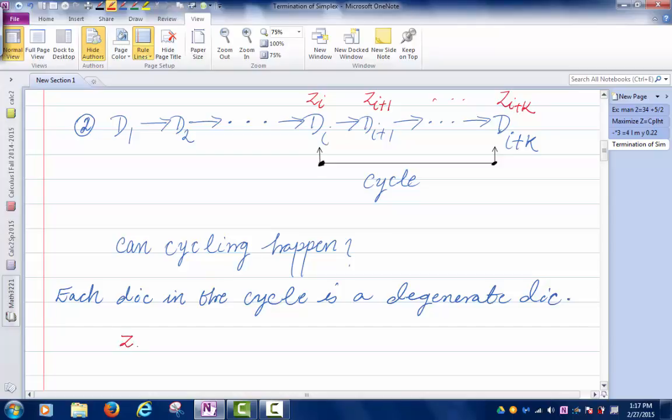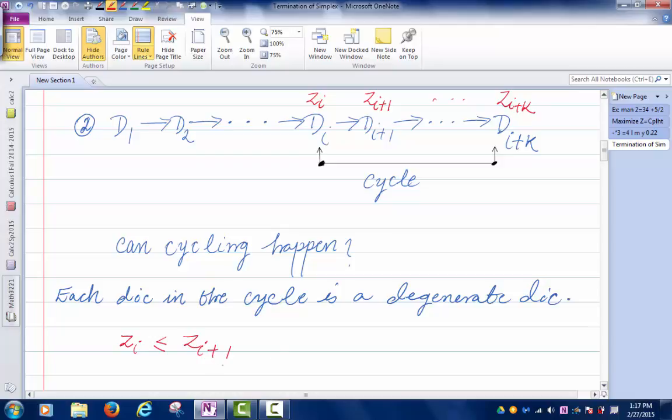Yeah, so basically, remember, we proved that if I start with the dictionary Di and go to the next one, one thing I know for sure is that the value of the objective function is non-decreasing. That tells me that Zi is less than or equal to Zi plus 1.